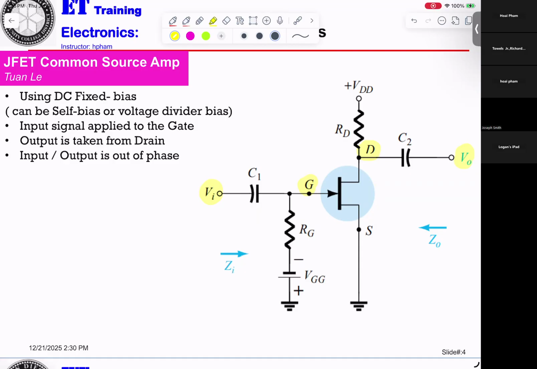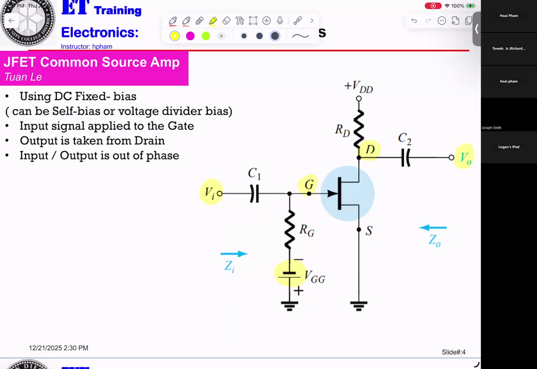This is a fixed bias because they use the battery here. The second one will be self-bias. And the last one we know is voltage divider bias. That's the minimum you have to know.